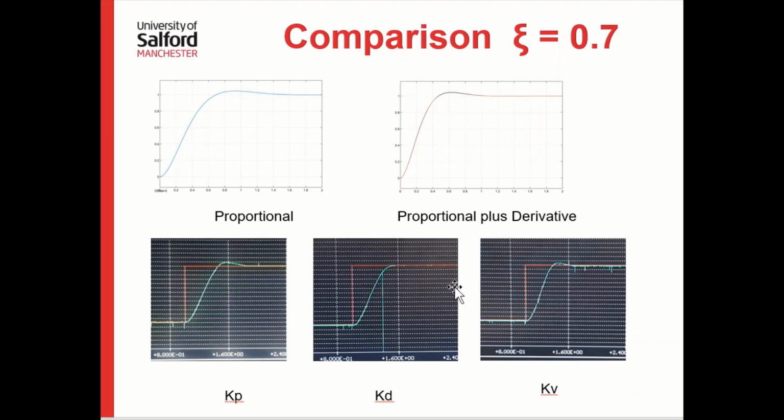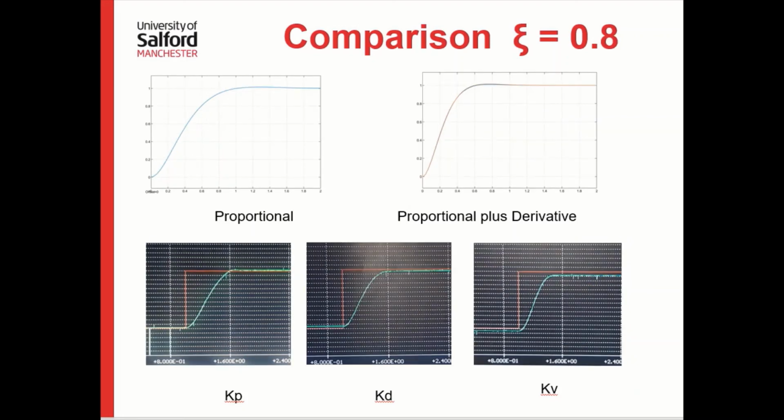But again, looking at these practical results, this one looks more or less the same as this. This one looks the same as this. This one's a little bit underdamped or overdamped. But as a family of results, you can see they all fit in. There's just a little bit of overshoot, a little bit of undershoot type transient response. That's our damping ratio 0.7.